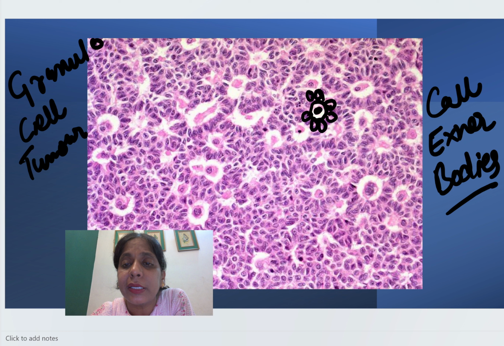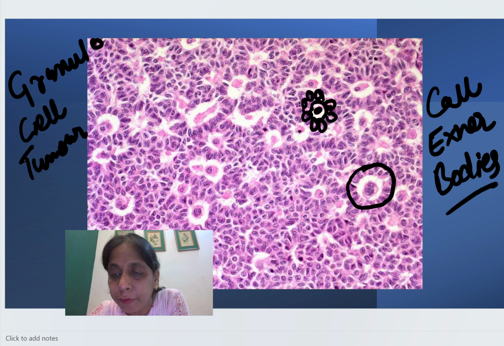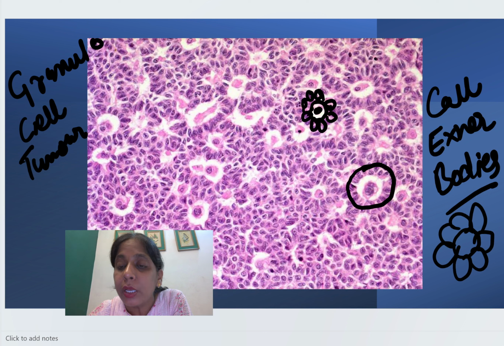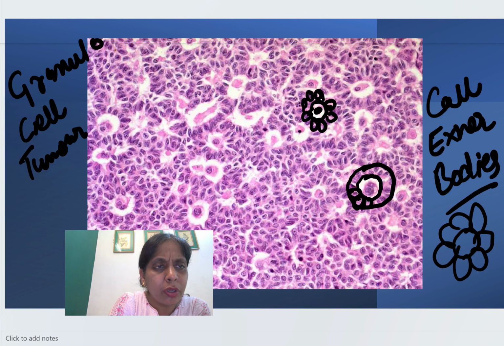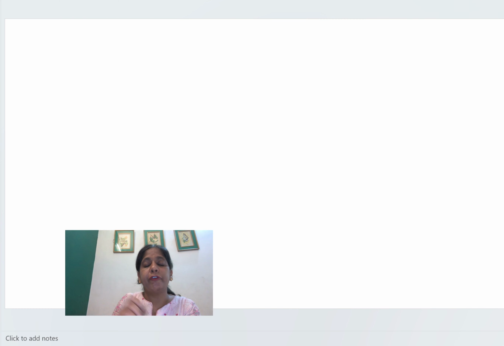Okay, so these flowers, as you know, also have an empty space in the center, and then its petals are there. So in a similar way, to the pathologist it looks like a flower. You can see that these are the cells, in the center there is empty space. I just want to tell you here that in the Schiller-Duval bodies the empty space was here. Okay, so if you get confused in learning, we also get confused in learning which tumor marker and which histopath finding belongs to which.